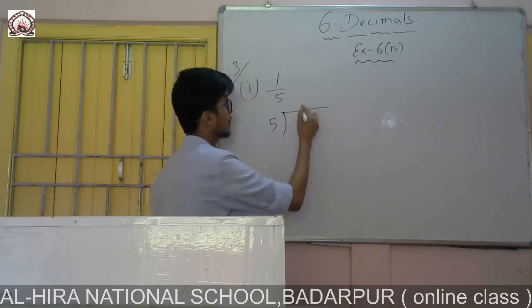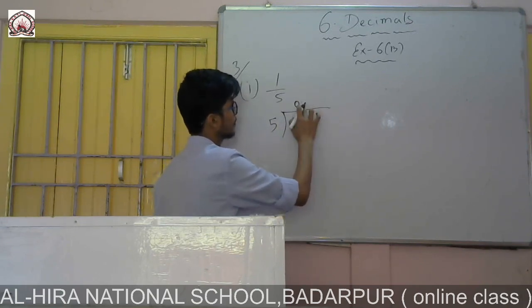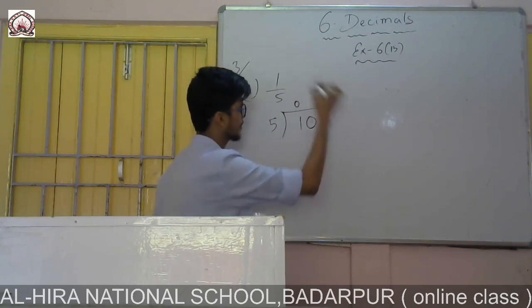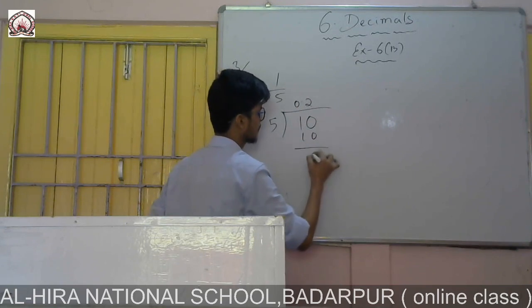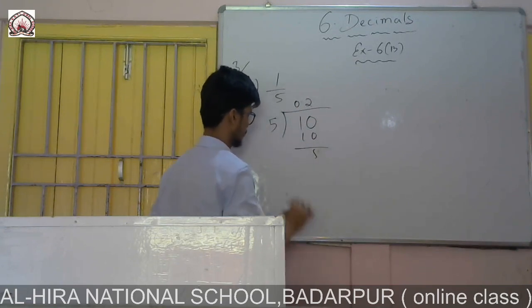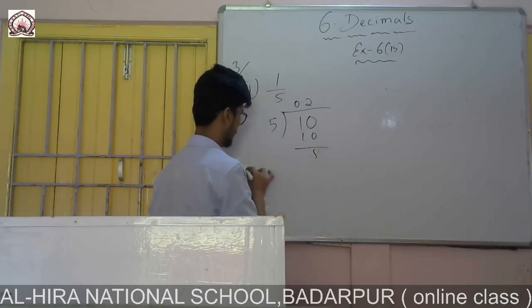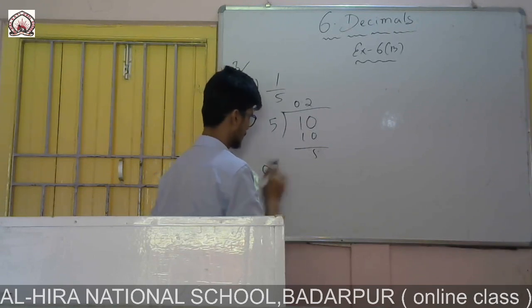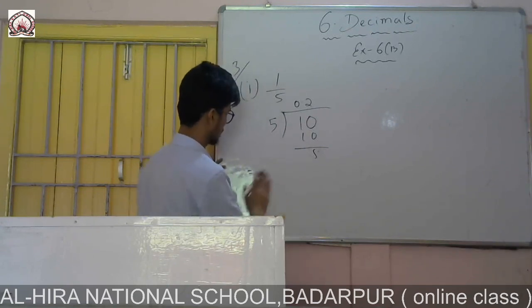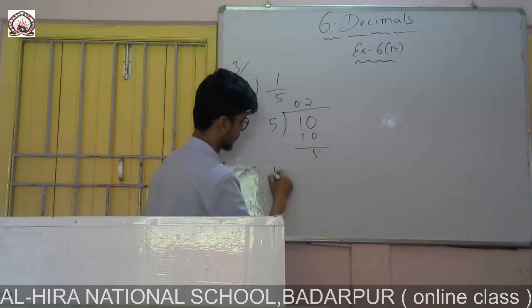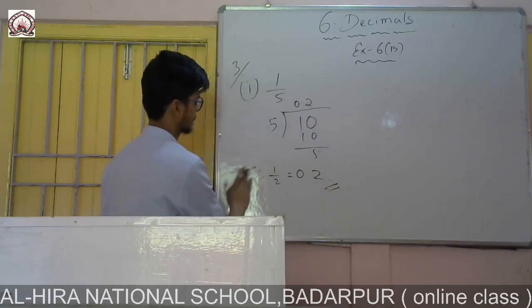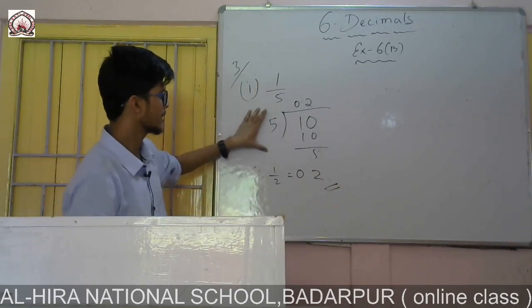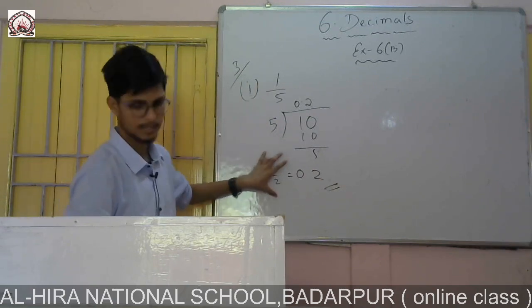I cannot divide 1, so I take a decimal and put 10. 5 2s are 10 and nothing is left. Therefore 1 by 5 equals 0.2. This is the answer. You simply do the division in your main copy and then write it out.